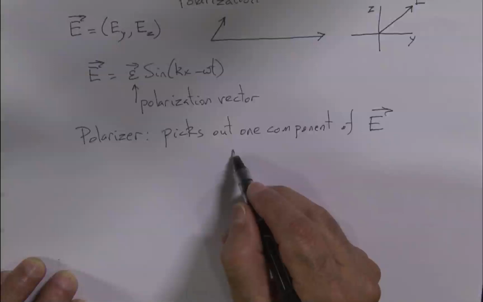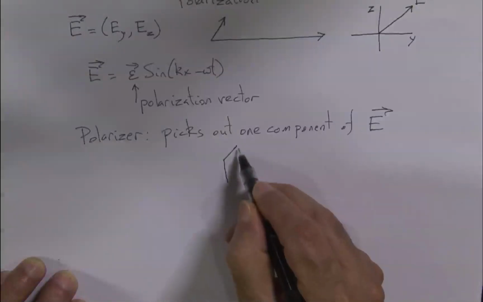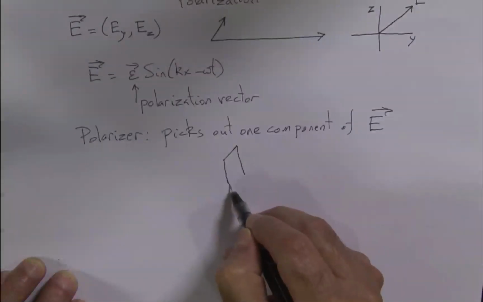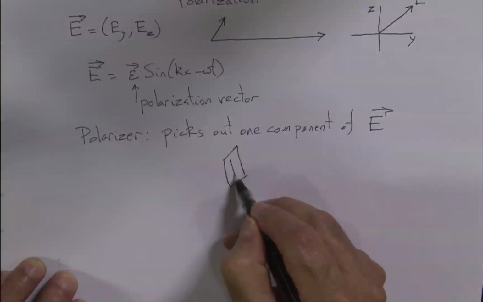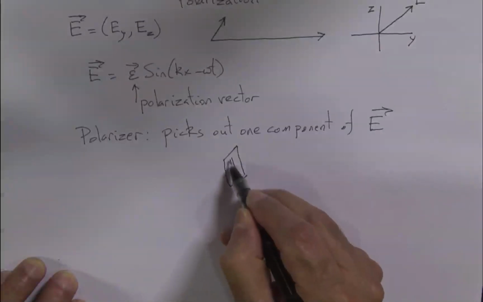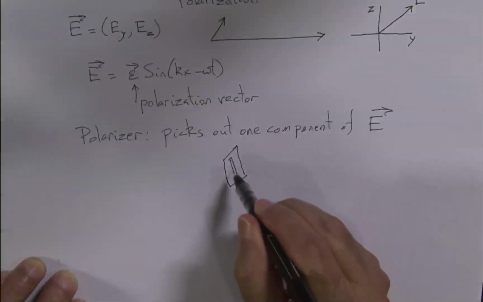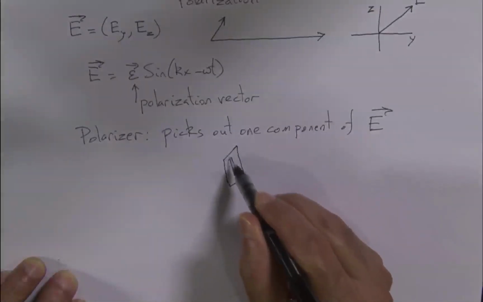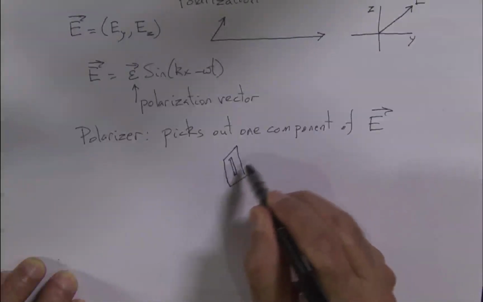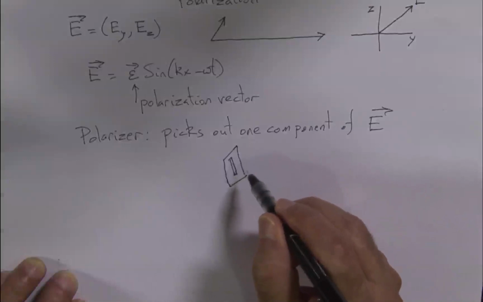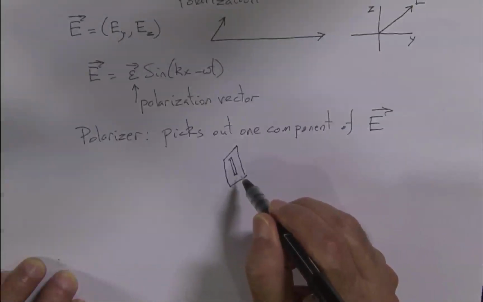Think of it this way, that suppose I have a slit like this. So this is a narrow slit. Well, the wave that is polarized along will be able to get through, but the wave that is polarized sideways like this will be blocked by this polarizer.